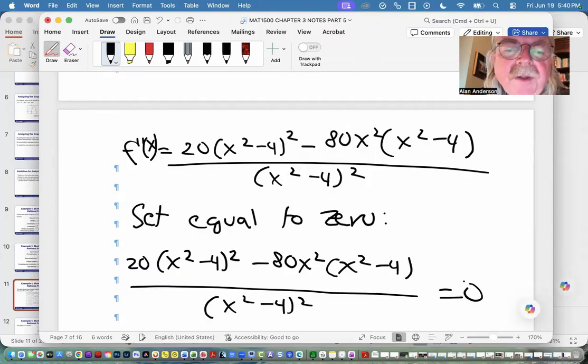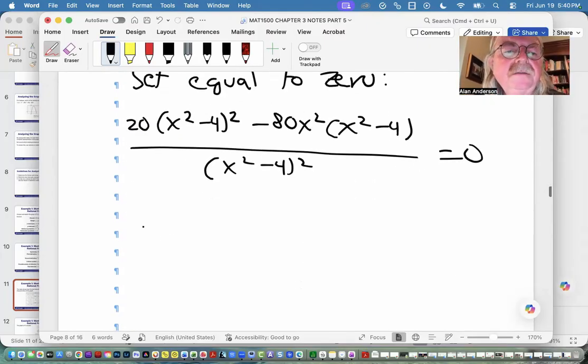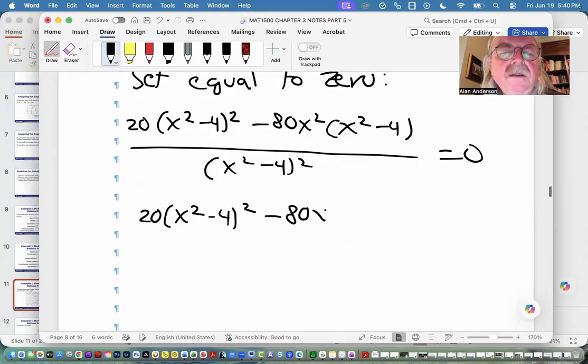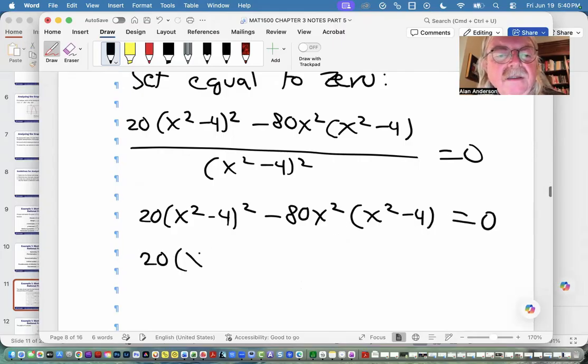So I can cross multiply both sides by the denominator. I can add one of these terms to the right-hand side.